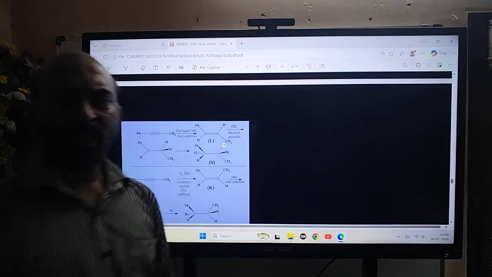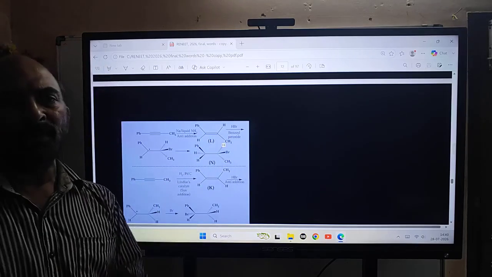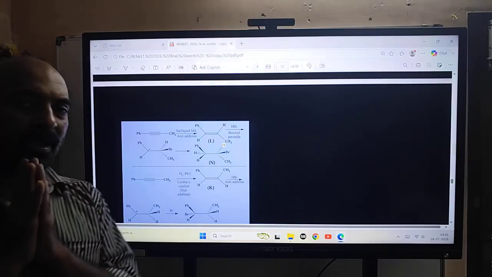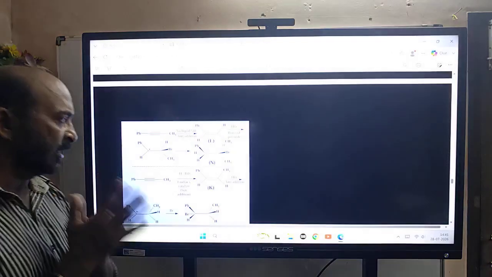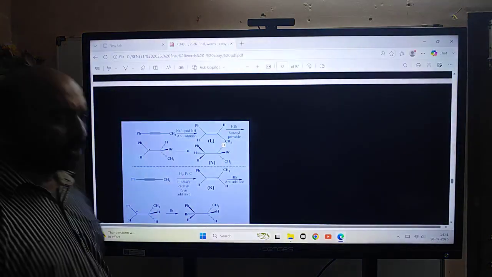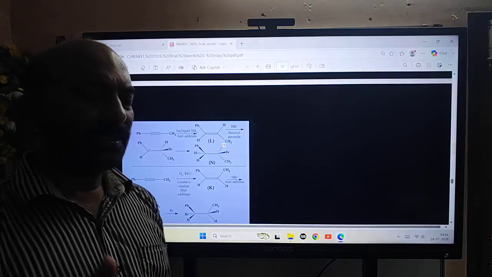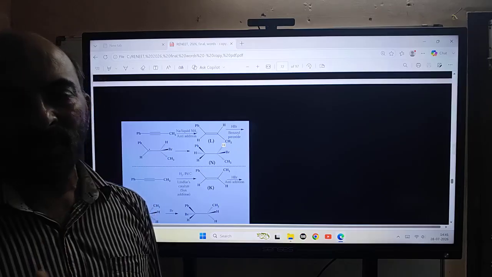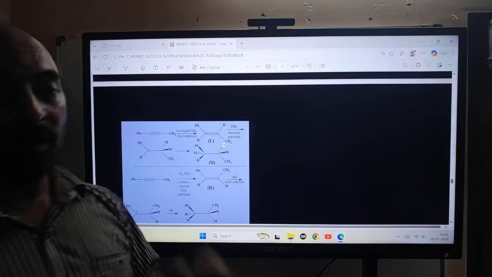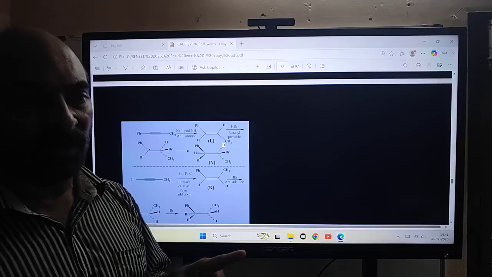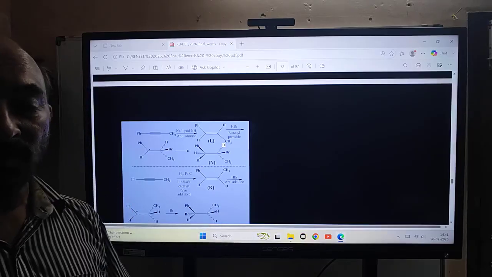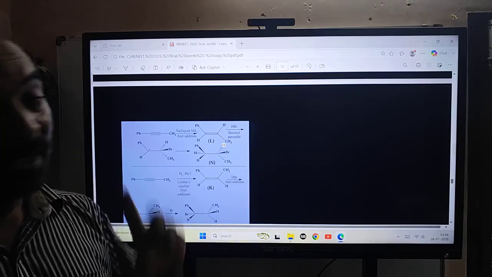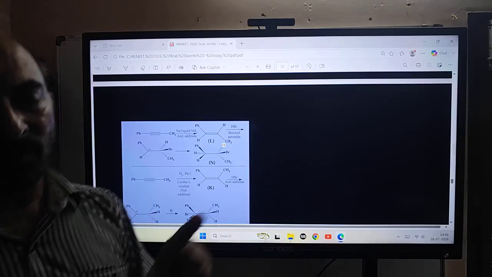Now you are treating that with HBr in the presence of benzoyl peroxide. If benzoyl peroxide is present, we know that anti-Markovnikov addition takes place as a general rule. In anti-Markovnikov addition, you know that the free radical mechanism is the case, not the ionic mechanism. In the normal ionic mechanism, in the absence of organic peroxide, H plus adds first to the double bond, then Br minus.